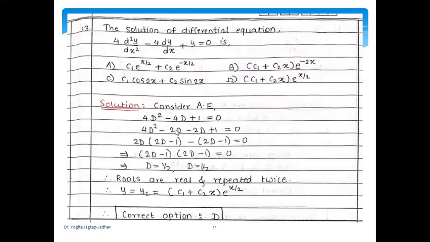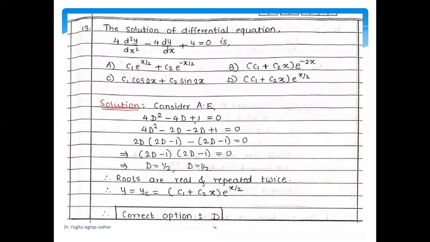The solution of the differential equation 4 d²y/dx² - 4 dy/dx + y = 0 is. Again, 4 options are provided. Again, assigning d/dx as capital D, we have the auxiliary equation 4D² - 4D + 1 = 0.